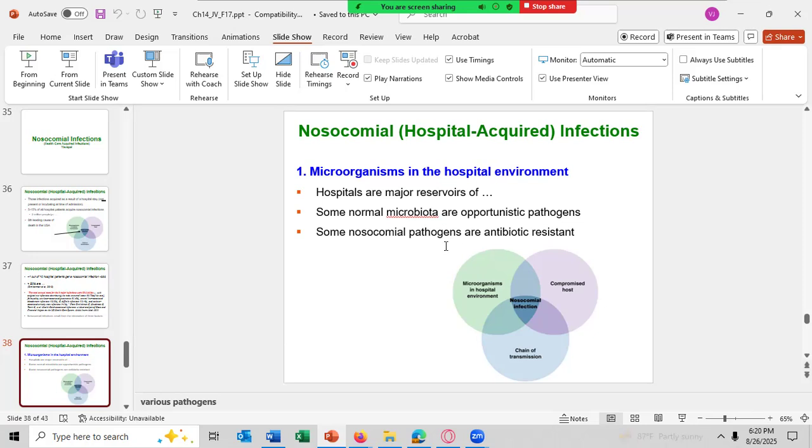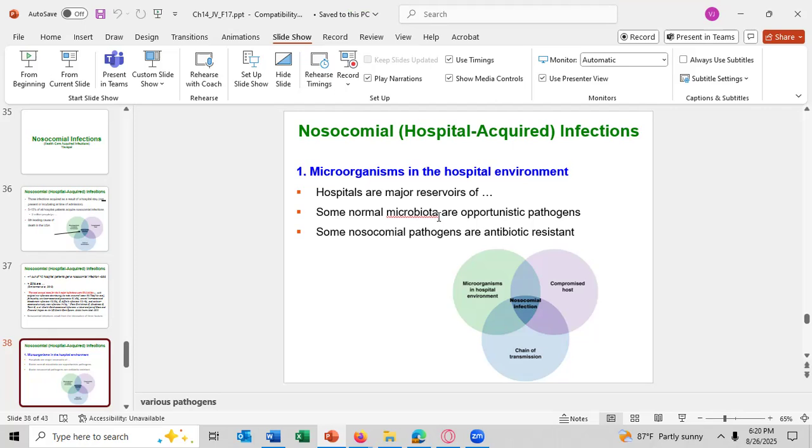Hospitals are a major reservoir of sick patients. These sick patients have infective agents, which could become a nosocomial infective agent. So that's one reason why microorganisms are always present. There are other microorganisms present in the hospital environment, like Pseudomonas aeruginosa, which is found almost anywhere in a liquid or a wet environment.